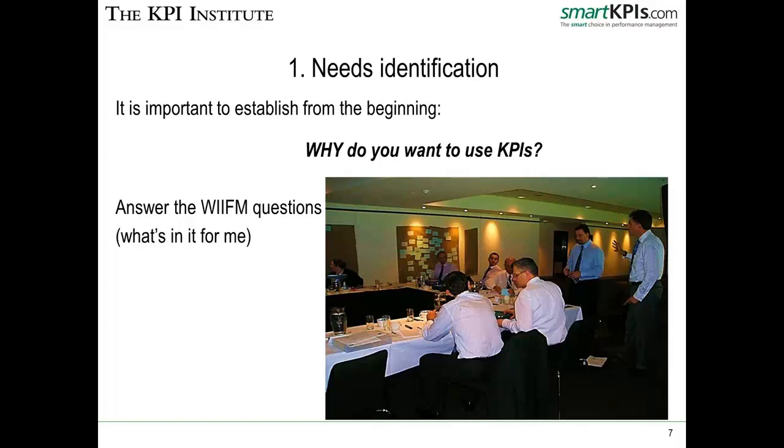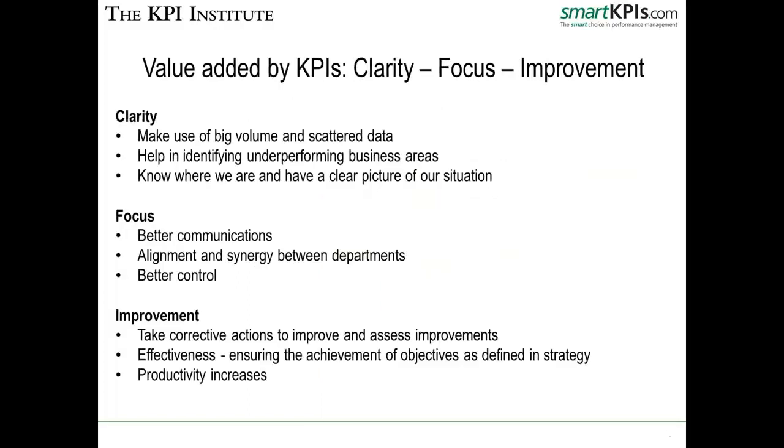During the workshops that I facilitated in the past, some of the most common reasons for using KPIs tended to be grouped within specific clusters. So I developed three main clusters that to me illustrate very well the reasons why many organizations implement KPIs. These are clarity, focus, and improvement.